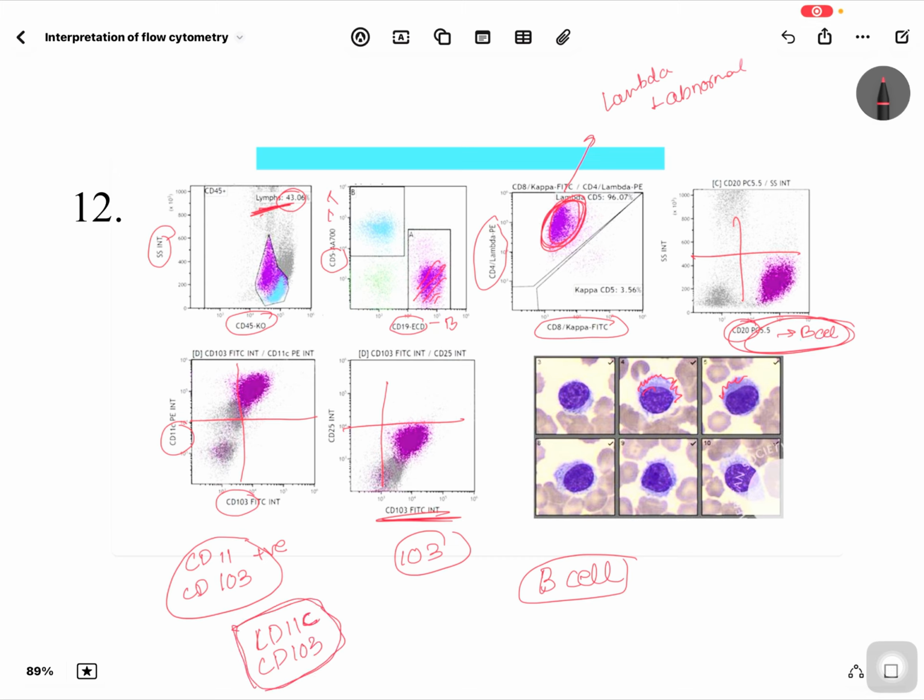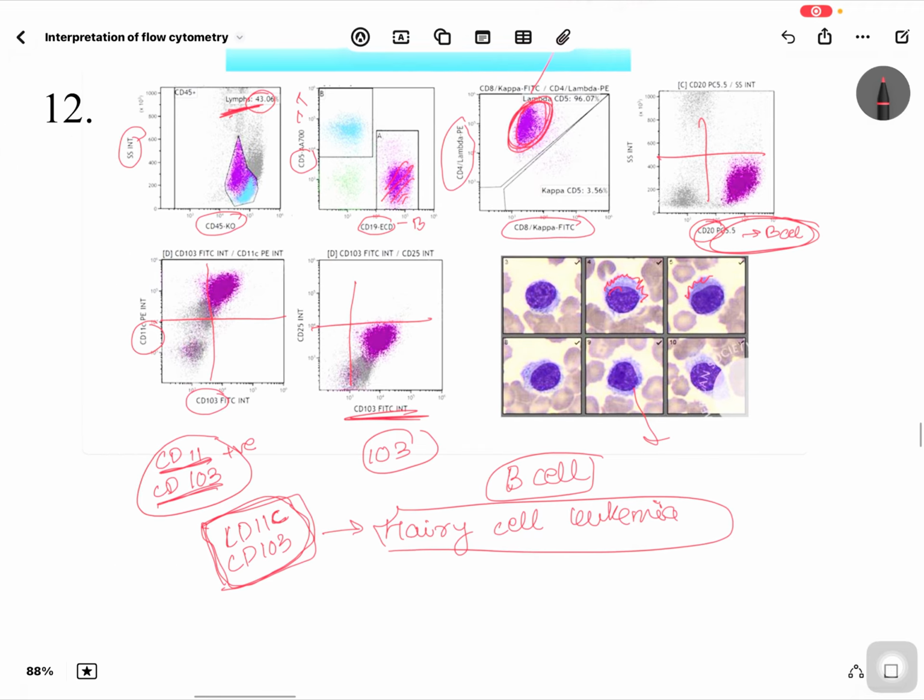I've already discussed that CD11c and CD103 are mostly seen in hairy cell leukemia. From the peripheral smear alone we can understand this is hairy cell leukemia, but this is the flow cytometry diagram, how you actually remember it. So CD11c and CD103 are the most important markers for hairy cell leukemia. It comes under B cell neoplasm.